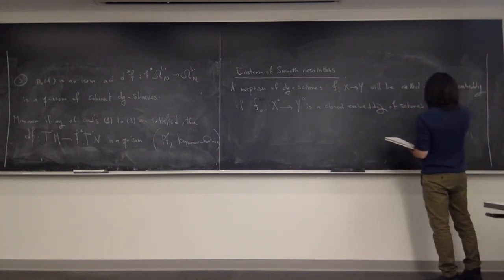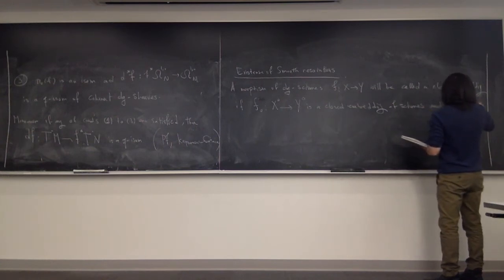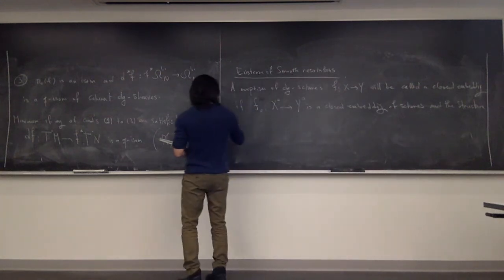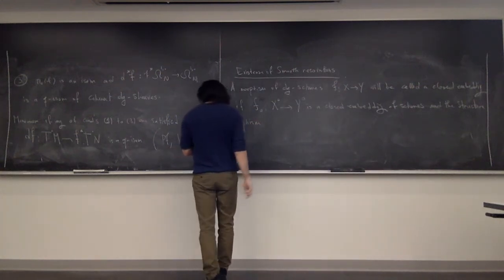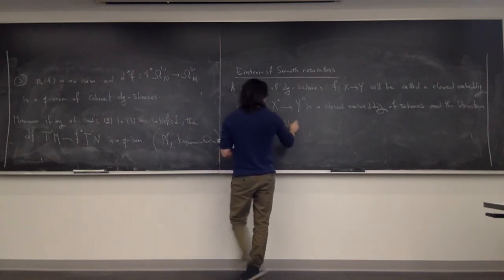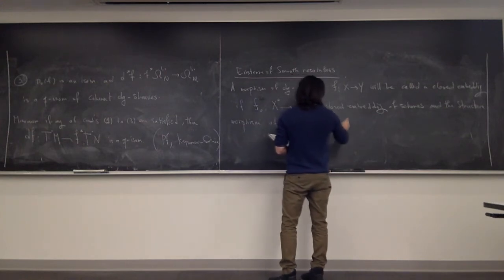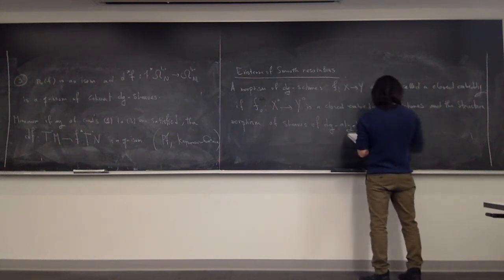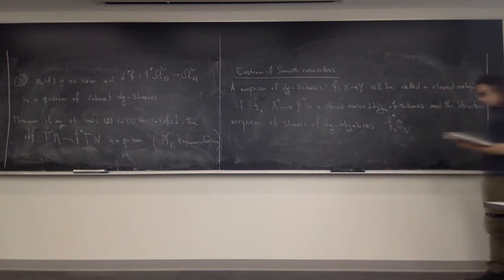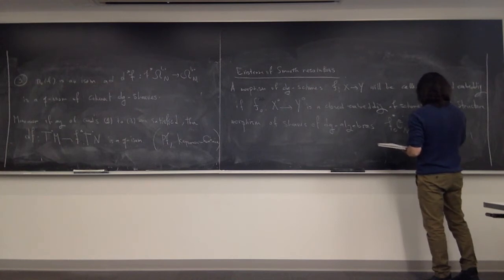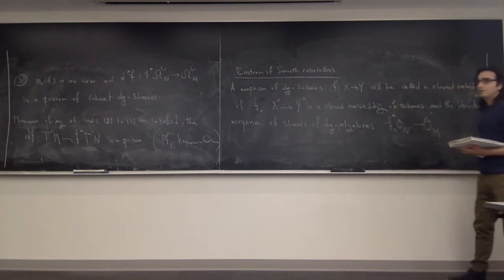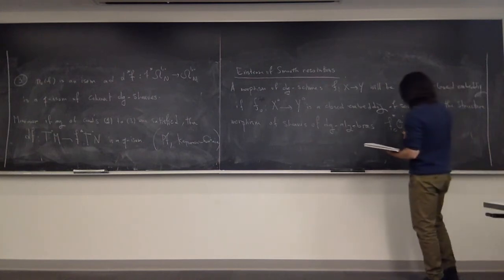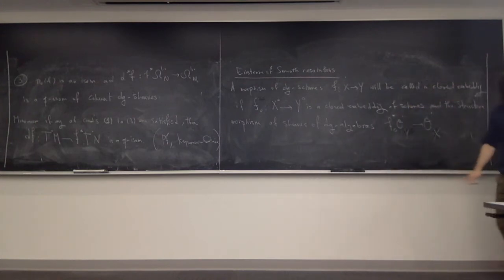and the structure morphism of sheaves of DG algebras, that is F0 upper star of O dot of N to O dot of M, where these are all O0 of Y and O0 of X modules, so quasi-coherent sheaves, is surjective.